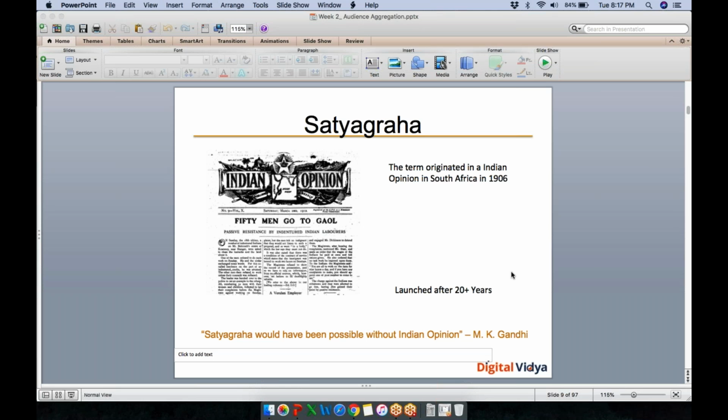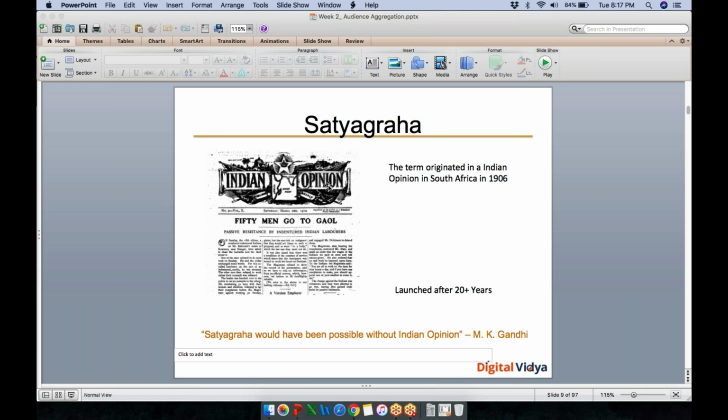Okay. Here's the interesting part about Satyagraha as a terminology at this point of time. There was a newspaper started by Mahatma Gandhi called Indian Opinion. It was started way back in South Africa when he was there and studying as a lawyer and doing different kind of things. If you've seen the movie, you'll probably remember that initial part where he's a young boy.